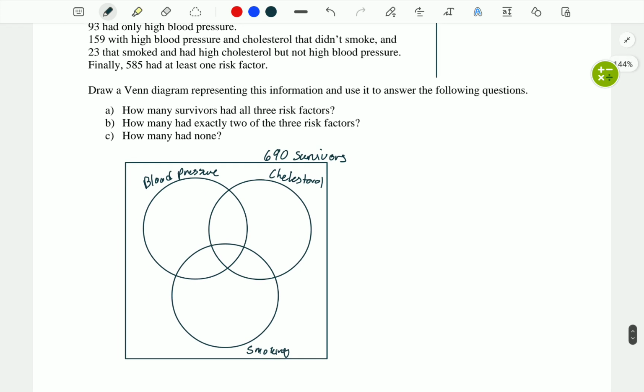Read from bottom to top. Finally, 585 had at least 1 risk factor. The words at least 1 risk factor. The word at least means that is the minimum. The minimum is 1 risk factor.